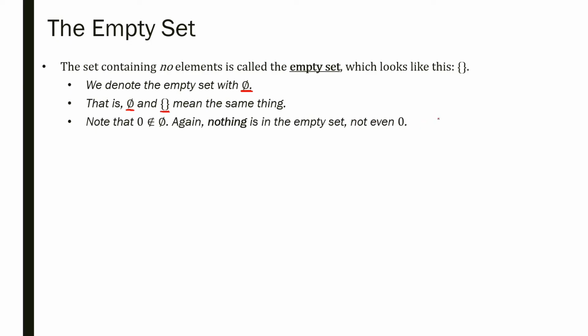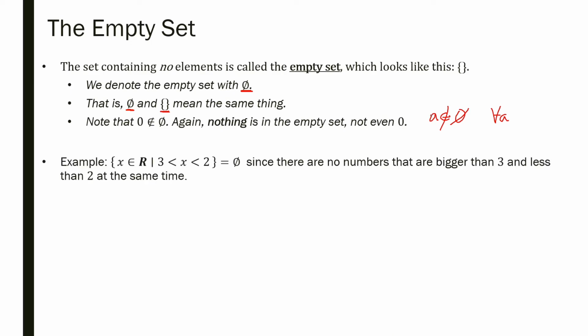For any A at all, in whatever domain you care about, A is not in the empty set, whether it be animals or carrots or whatever types of carrots. Nothing is in the empty set.